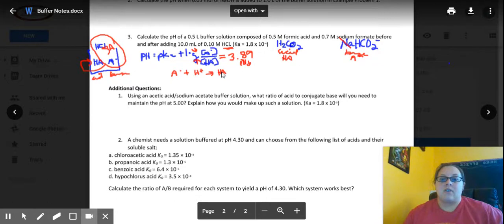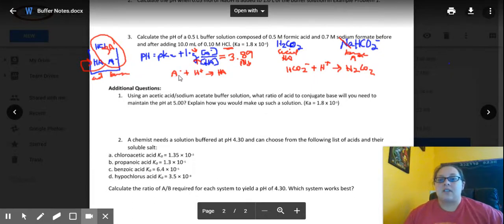If we wanted to write this in real reaction form, if it asked in a free response question, then we would say HCO2 minus plus H plus. When those react, it's going to form the acid component, which is H2CO2. So that would be our real reaction there.